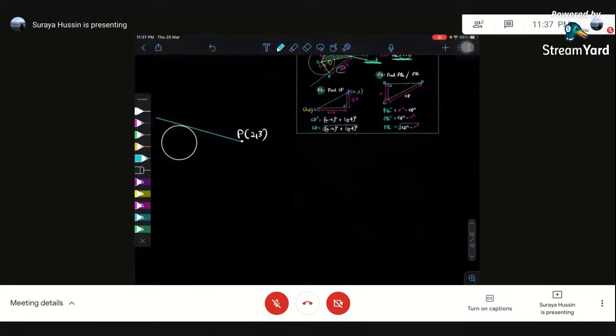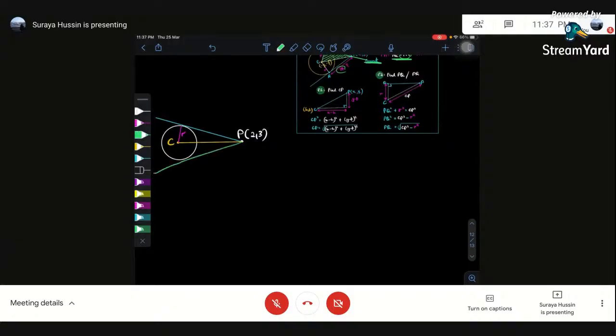Okay, fahamkan ayat soalan dulu. Lepas tu barulah cari center. Center ni boleh kaitkan dengan P. Lepas tu faham kita ada radius. Jadi cukuplah macam ni sebenarnya. Tak payahlah buat lagi satu line ni.